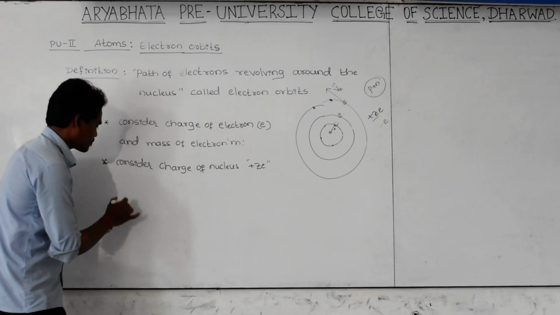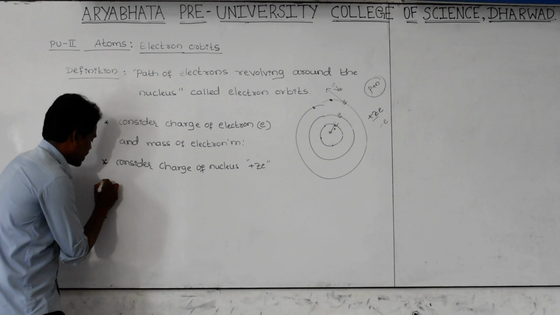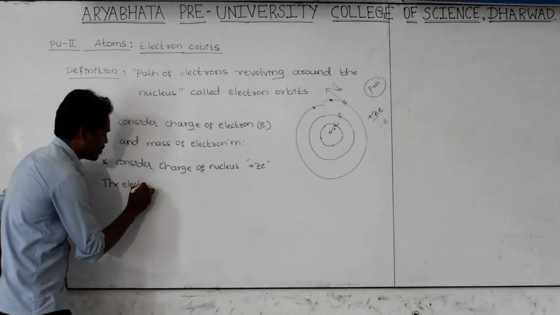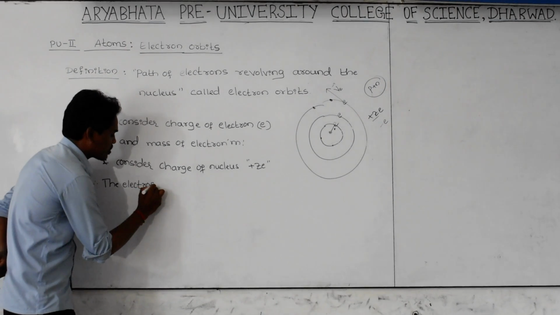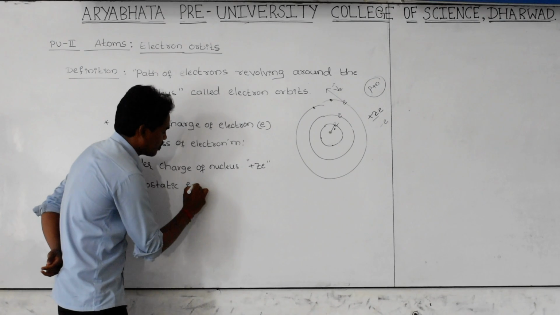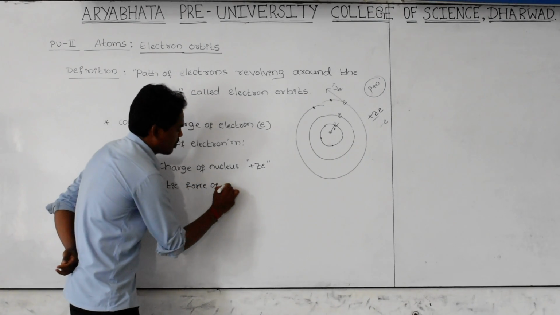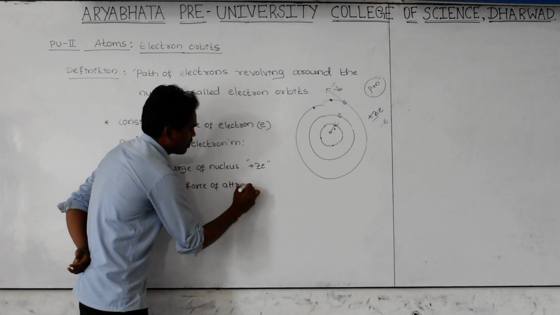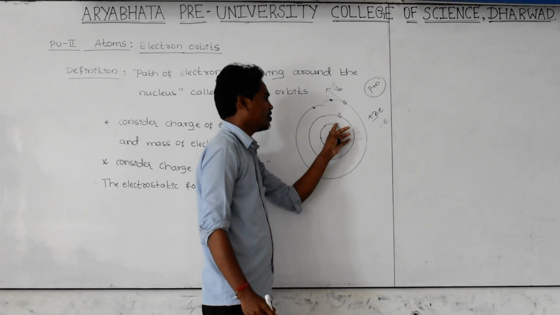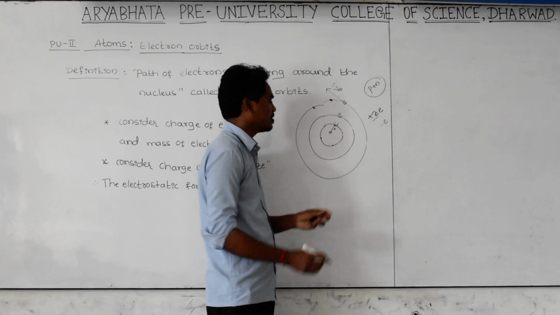And next, the electrostatic force of attraction. You can consider only one electron, this electron or this electron or this electron.